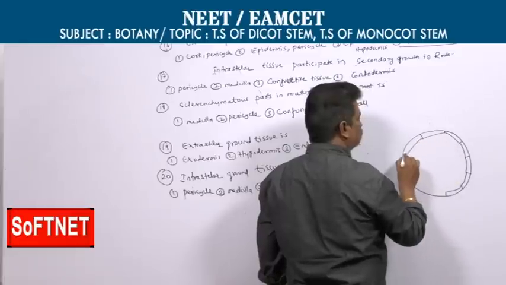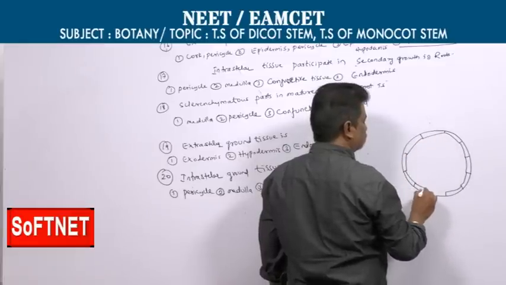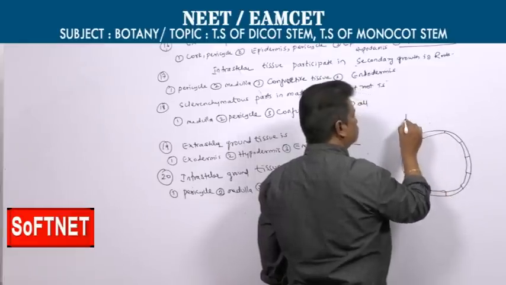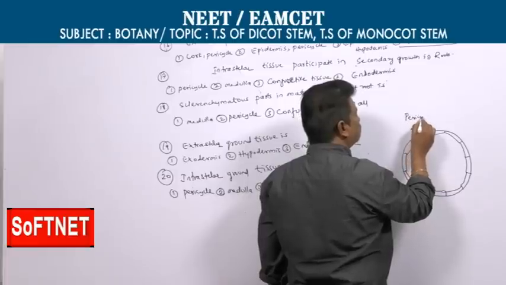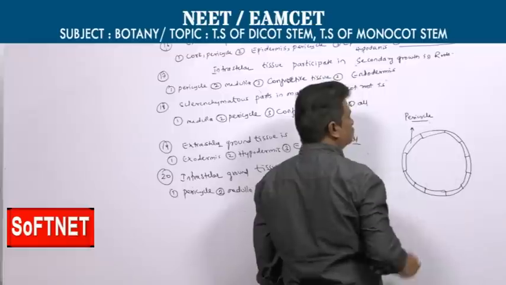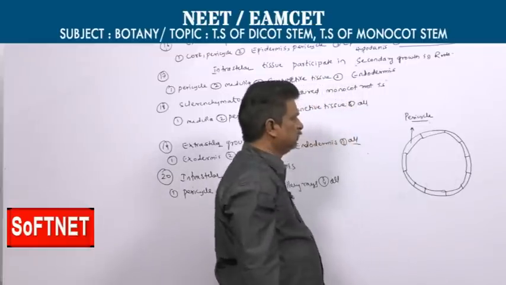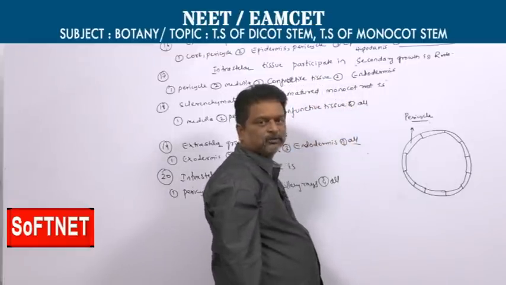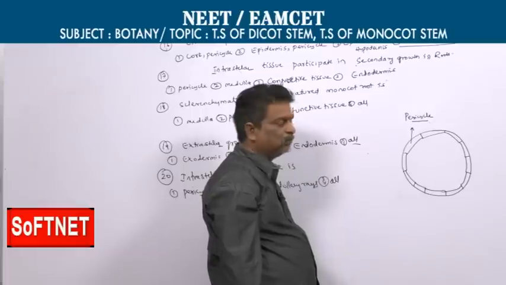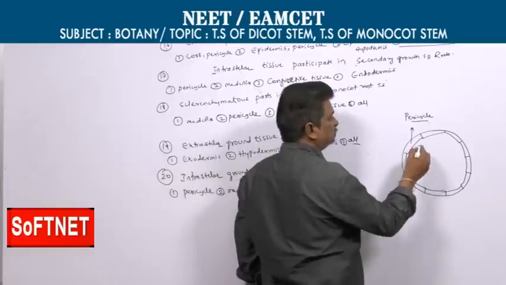Intrastellar tissue means within the stele. So within the stele there is pericycle. This pericycle, by dedifferentiation, produces cork cambium and also vascular cambium.